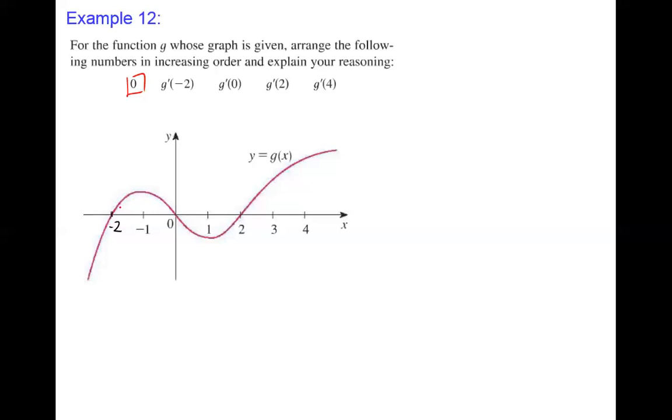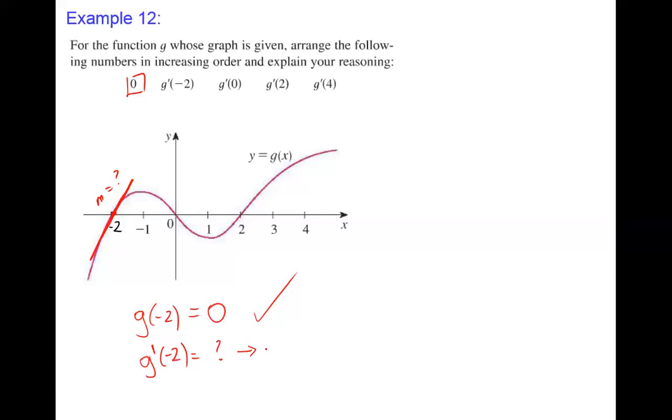But what you said, the value of the function at -2 is 0, correct? Now I am asking for g prime at -2. Exactly, Alan. We have to look at that point, thinking about the tangent line and thinking about the slope.